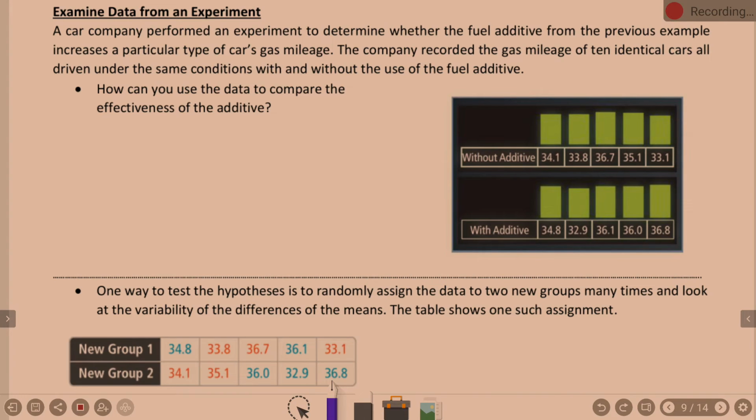So, if you would, we're going to find our mean without the additive. I just wrote addition. Try that again. Additive. And we're going to find our mean with the additive. And for something to represent these as, I'm going to call without the additive group 1. I'm going to call with the additive group 2.